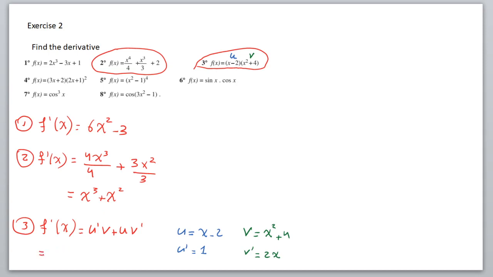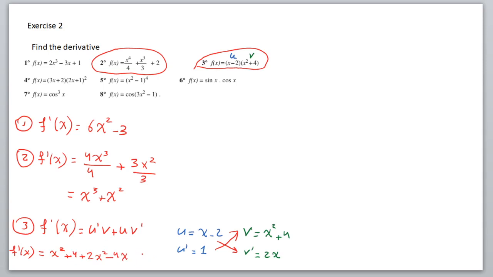So f prime of x equals u prime v, which is x squared plus 4, plus u v prime. So multiply: 2x times (x minus 2), minus 4x. That's it, and you may simplify to the end.